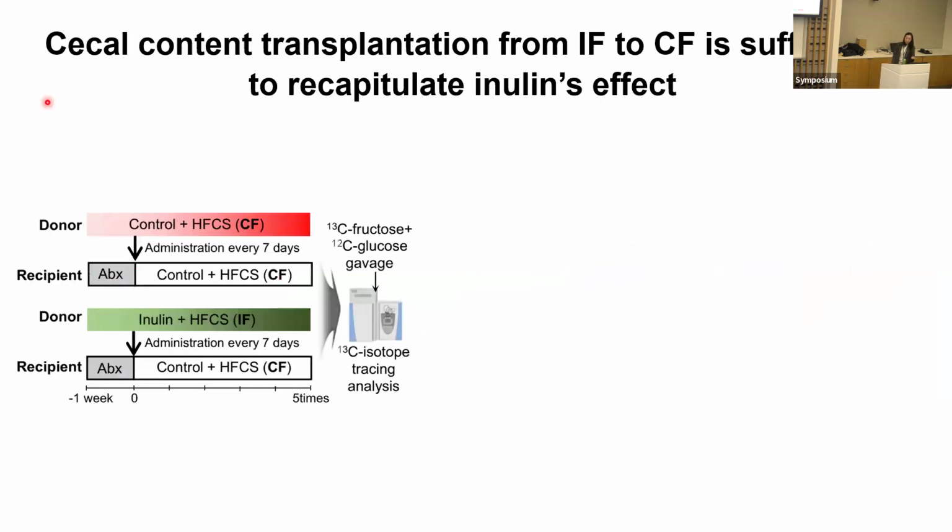And next, we did fecal content transplantation to see the microbiome's effect. There are two donor groups, one of control diet with high fructose water, and one of inulin diet and high fructose water. We collected the fecal content from those donor groups, and then orally delivered the fecal content solution to the recipient group, and the recipient group was only fed the control diet.